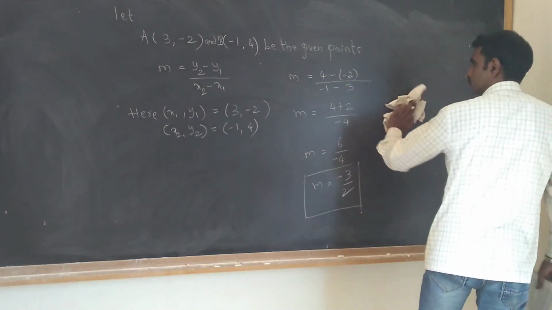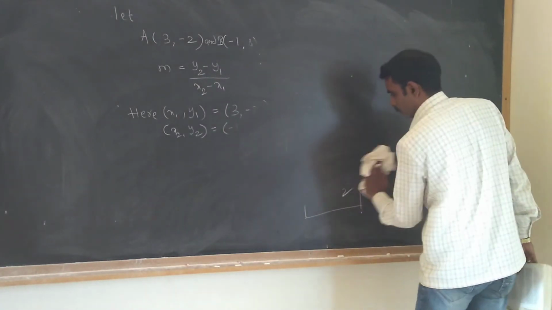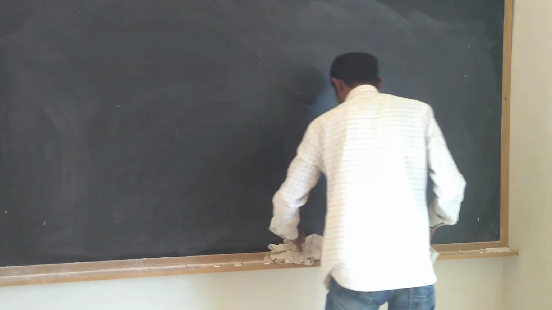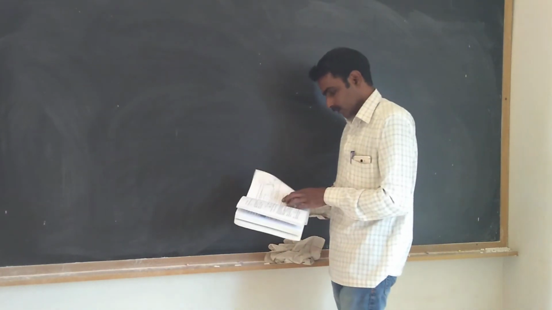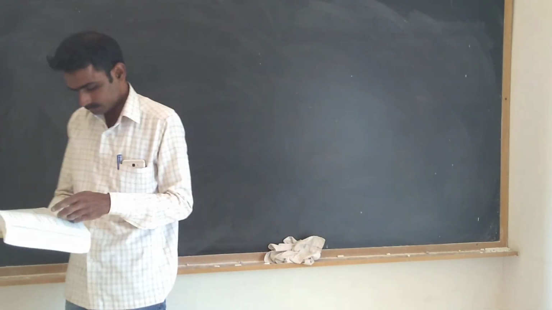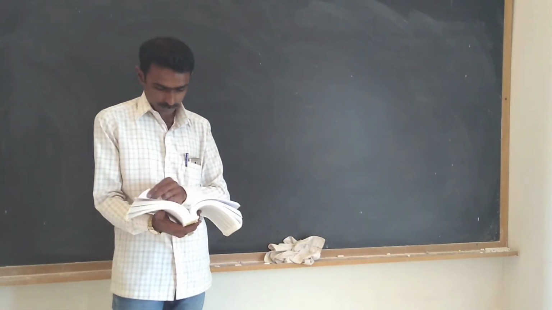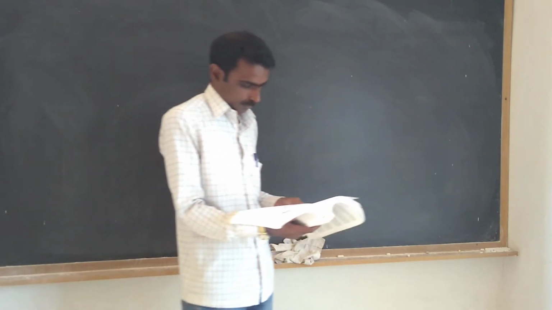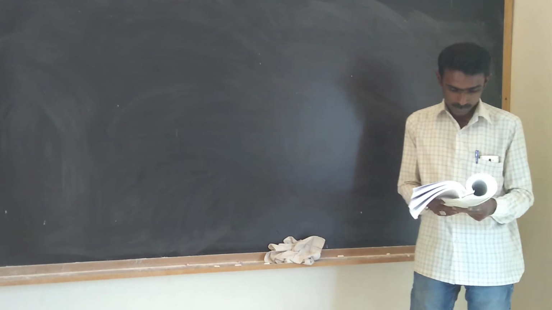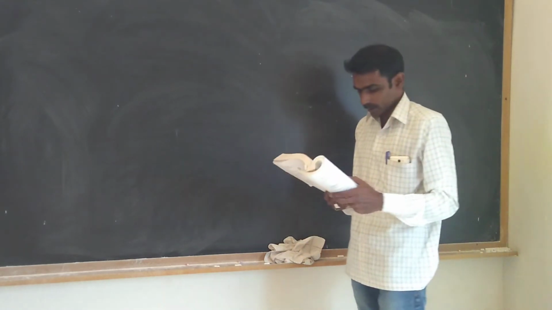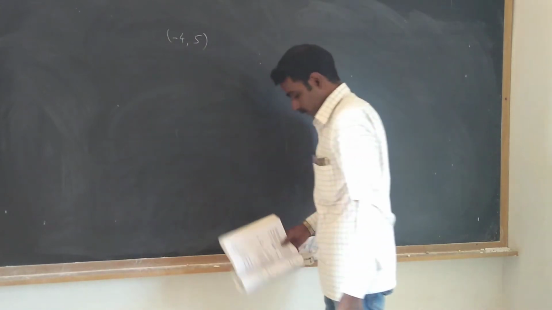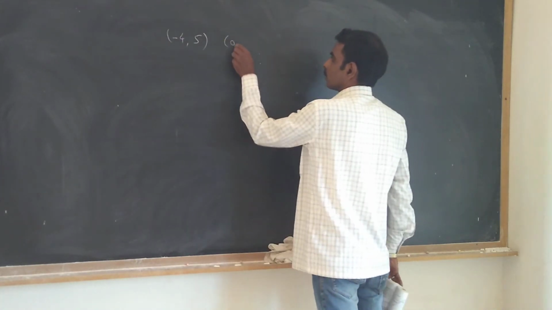Now the next problem. Find the slope of the line joining the points (-4, 5) and (0, 7).